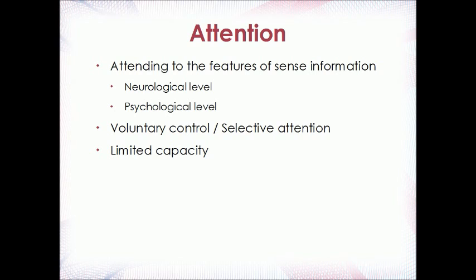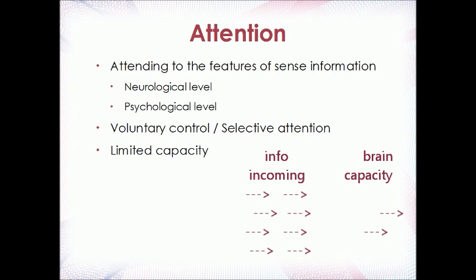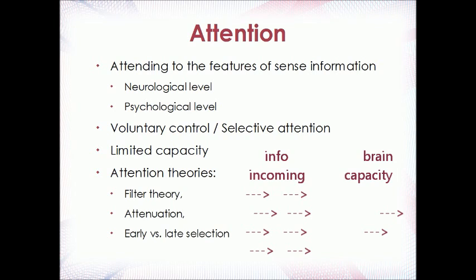There's a limited capacity for our attention. And it's commonly understood as a bottleneck. There's lots of information coming in, but we can only focus on some of it at any given point in time. And there's a couple different theories to account for where that bottleneck occurs and how we process information in relation to that.